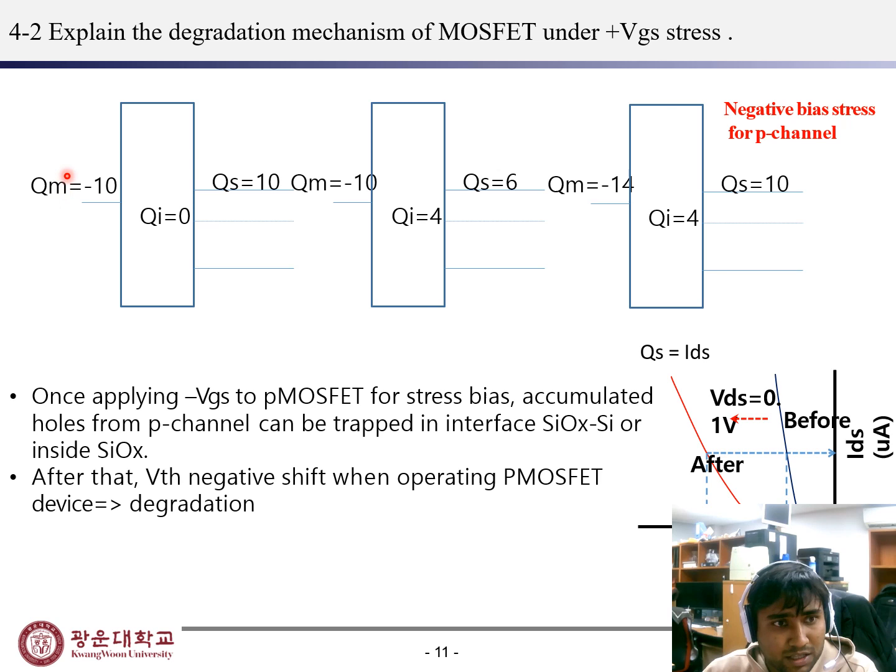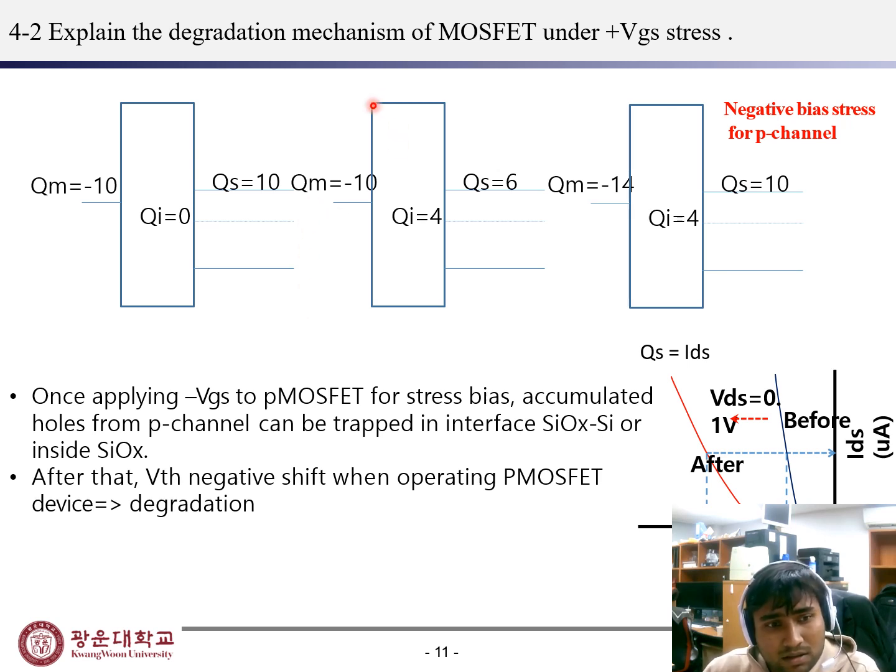We think in the metal gate position there are minus electrons, here is the metal oxide, and the channel generates induced electrons. Initially in the device it is fine.